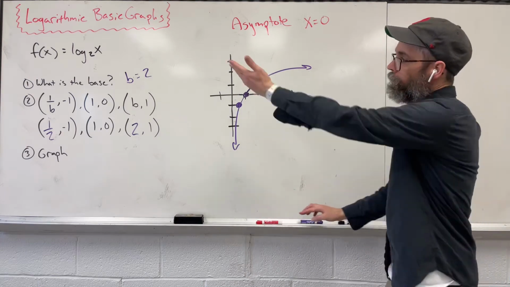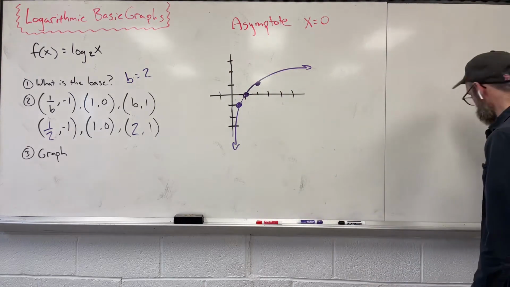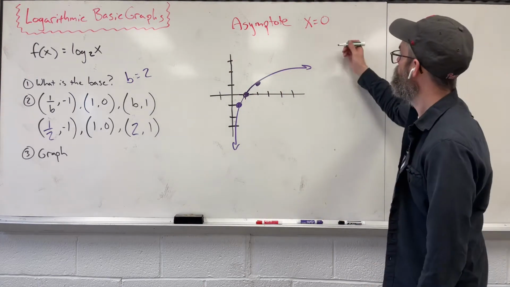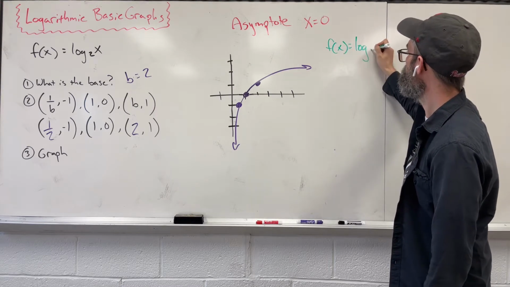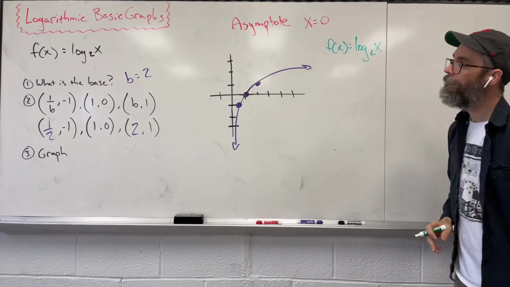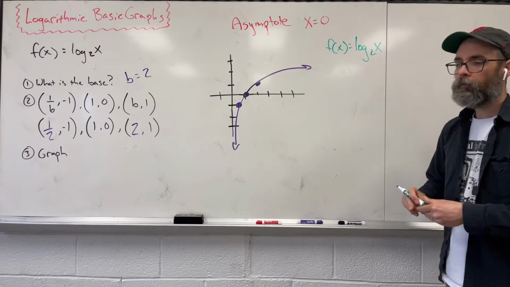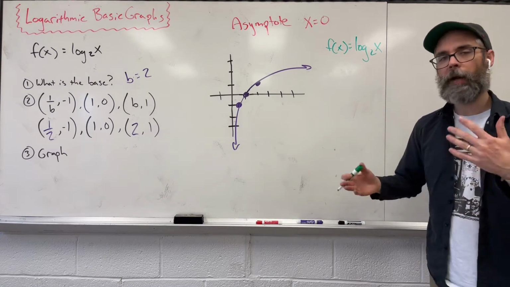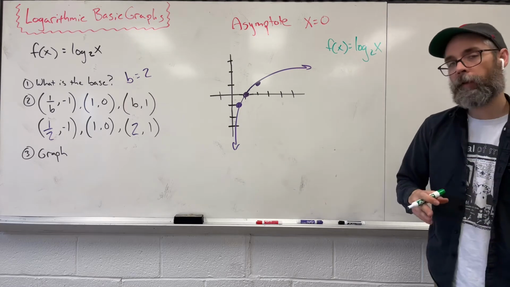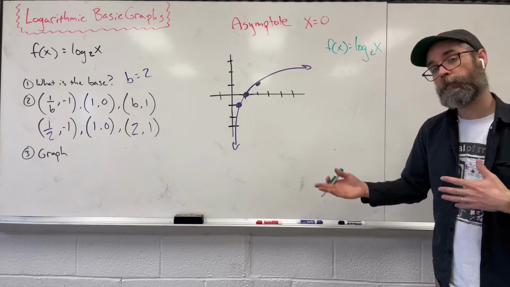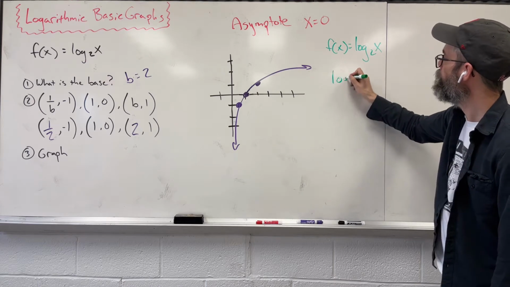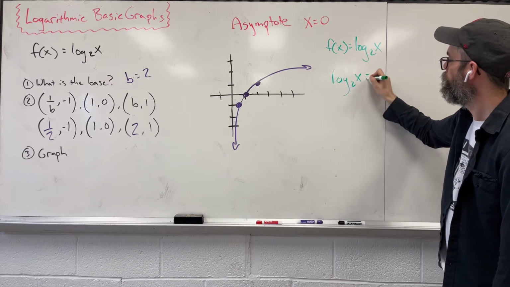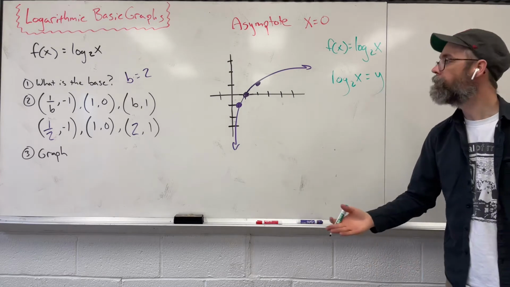Okay, so let's take our problem over there. f of x equals log base 2 of x. And I want to go back and forth between logarithmic form and exponential form. So what if I had my problem and instead of f of x, I said y?